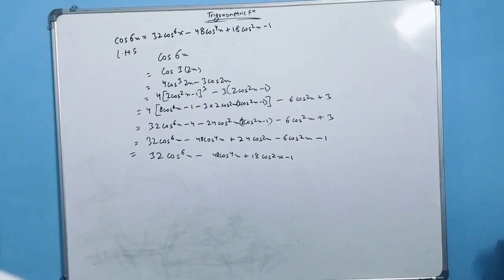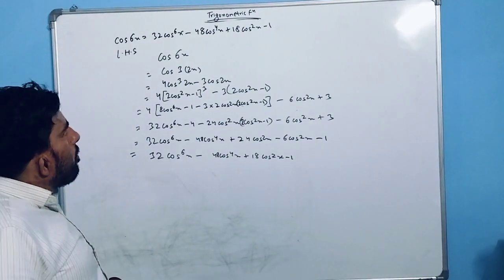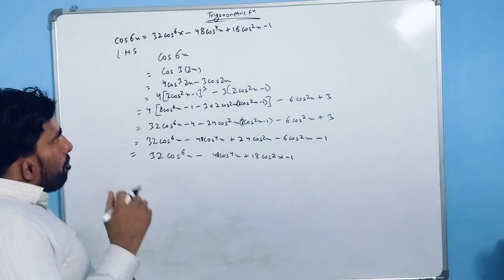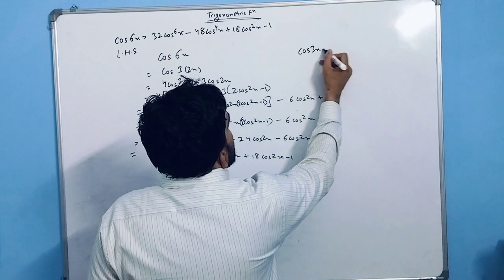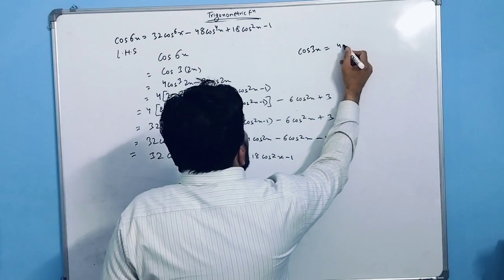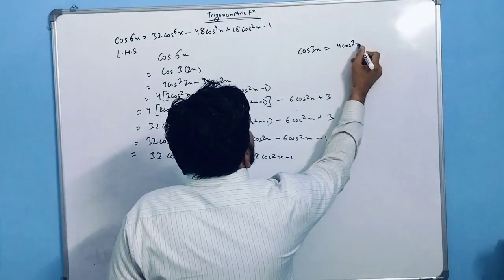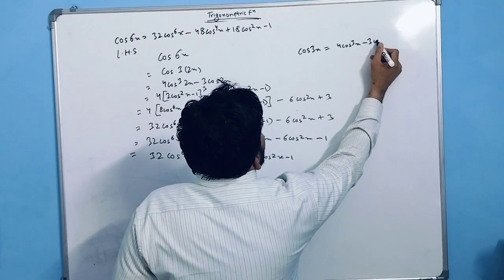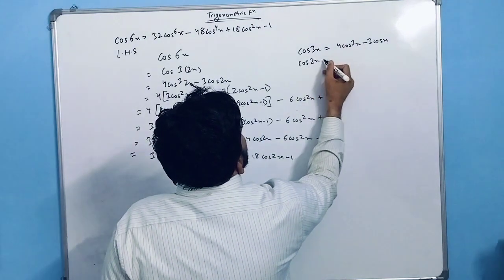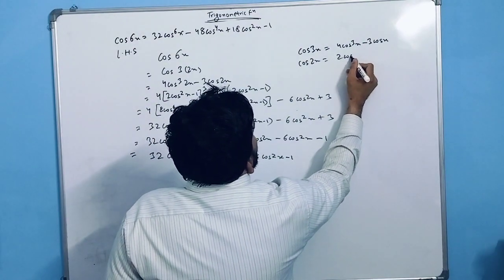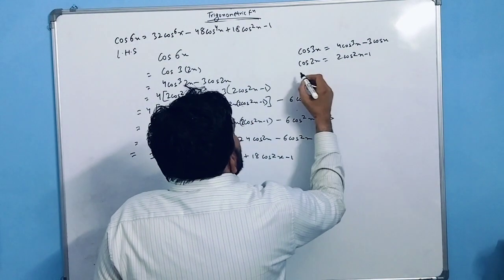Now we have seen that in this we have used formulas. First, cos 3x is equal to 4 cos cube x minus 3 cos x. Second, cos 2x is 2 cos square x minus 1.